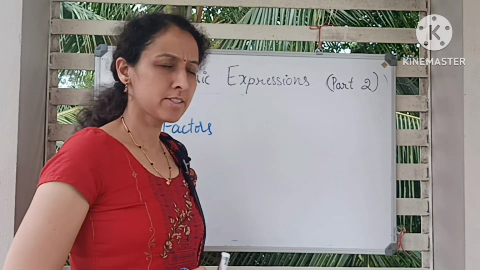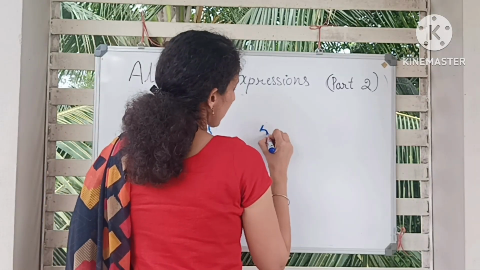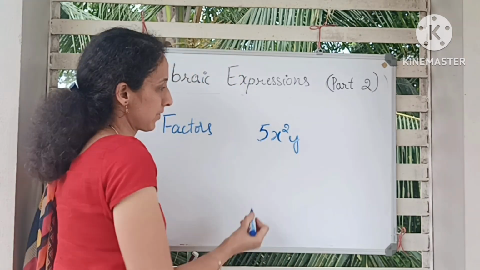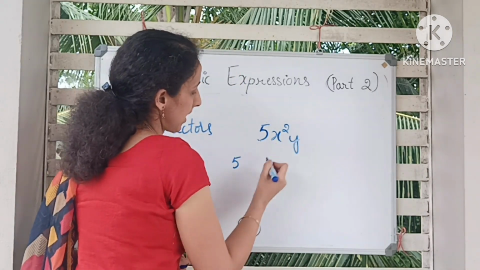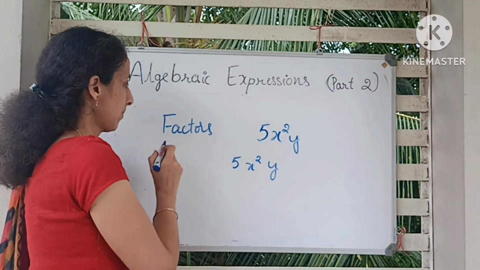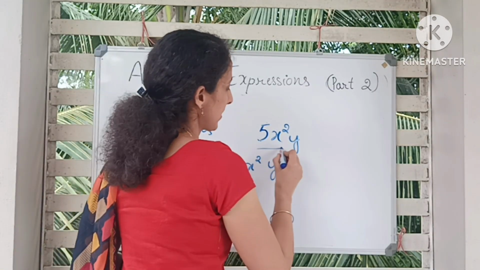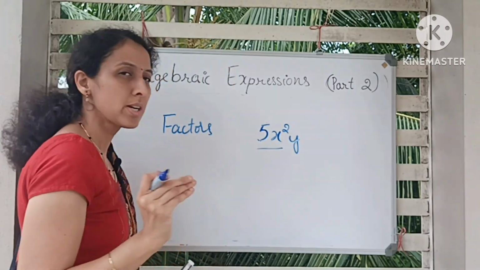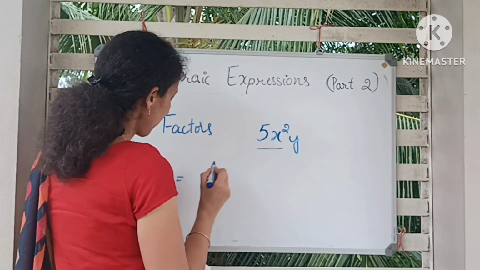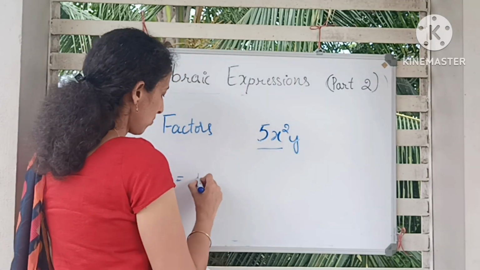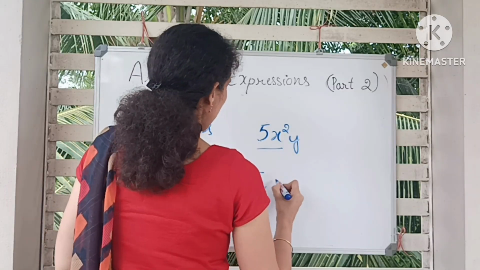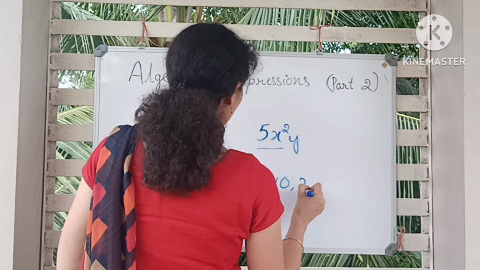Now let us see the factors of an algebraic expression. Let me take 5x square y. In this expression, the numerical value and the literals multiplied together become the factors of this algebraic expression. We also know that if we take the number 20, then we have factors like 1, 2, 4, 5, 10, 20.